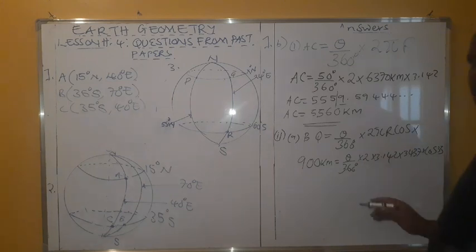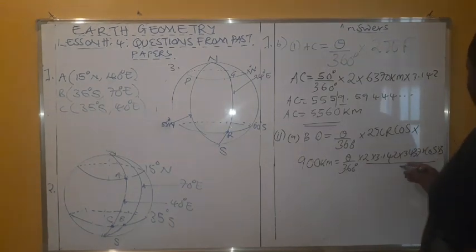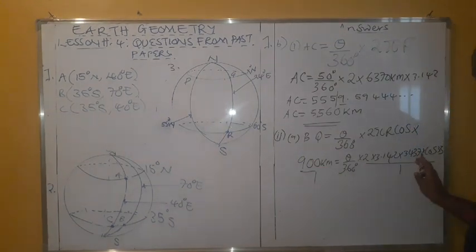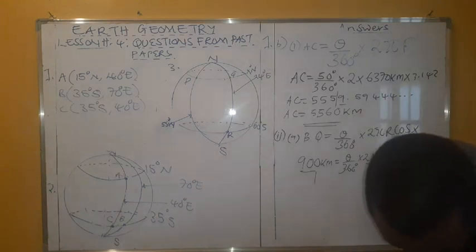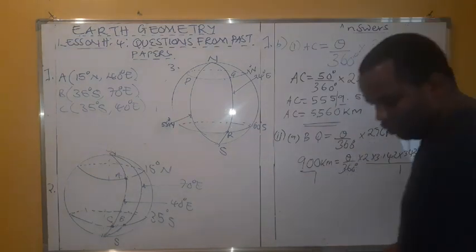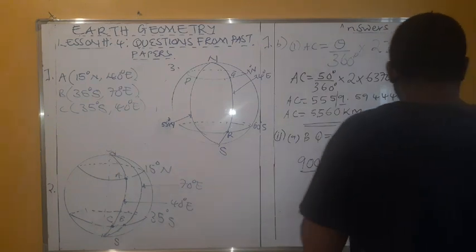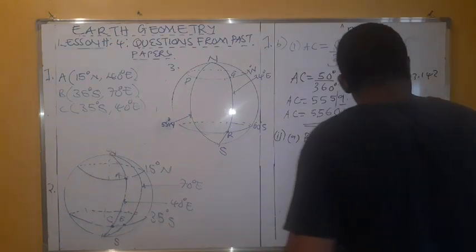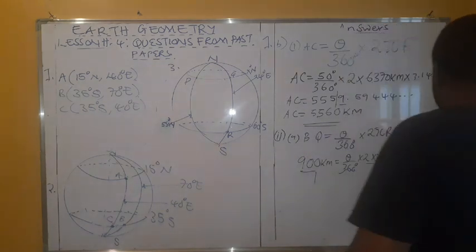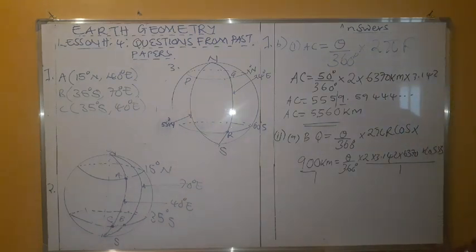Take note here, we are finding the distance in kilometers. Even the radius given there is in kilometers, so here we're supposed to put 6370. The best way of doing this is to multiply everything here.